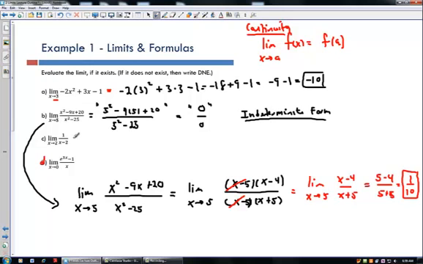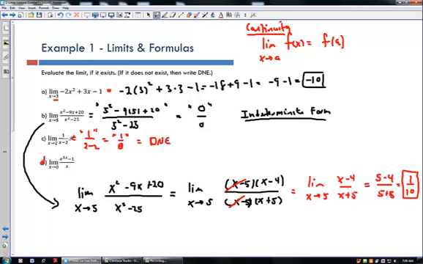So part C. On part C, the idea is I plug in 2, and I get 1 over 2 minus 2. I just noticed that in the bottom I'm going to get 1 over 0. And so this is not an indeterminate form. When you have a number over 0, it just means the limit does not exist.